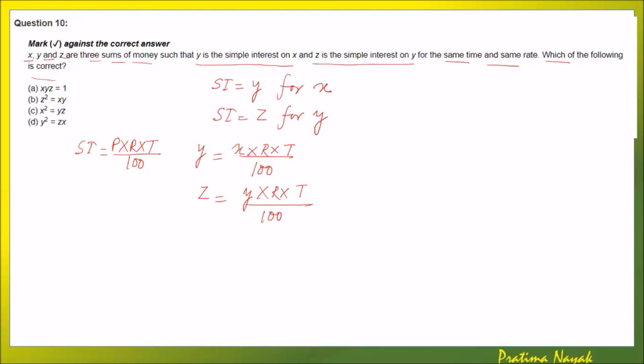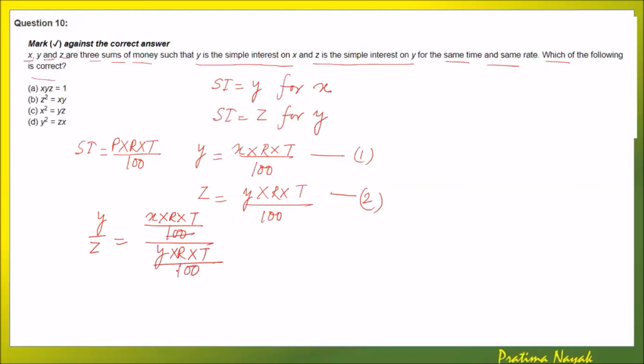So what we'll do, just divide relation 1 by relation 2, so that this RT will be cancelled. So what I'll write, Y by Z is equal to X into R into T by 100 upon Y into R into T by 100.